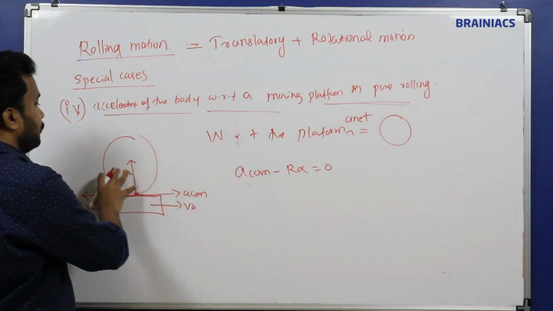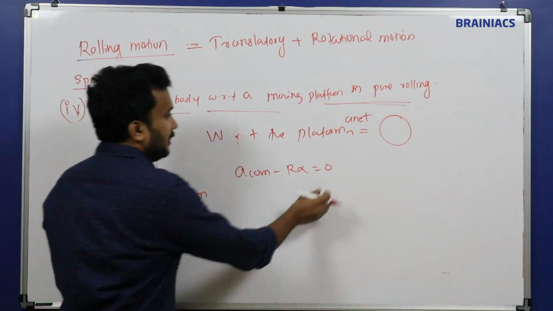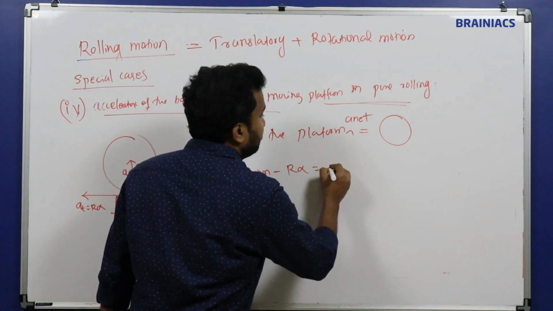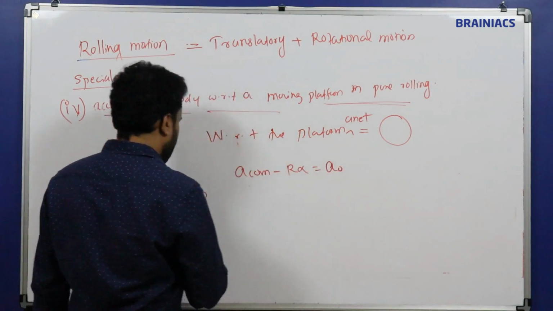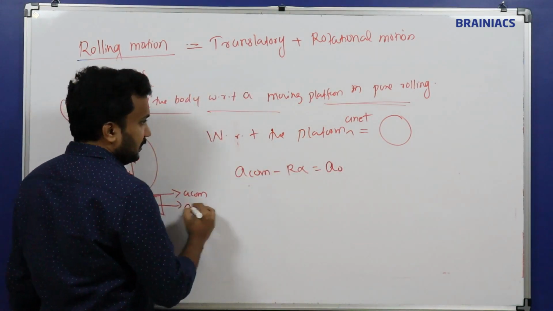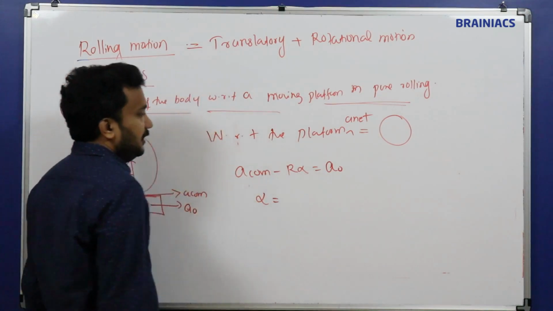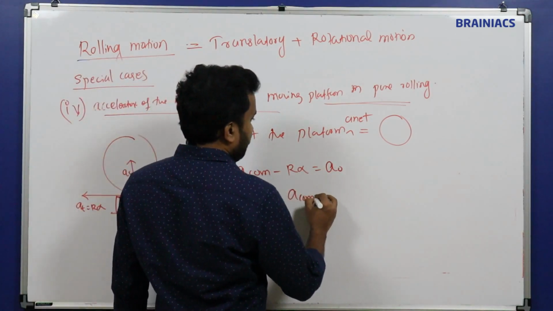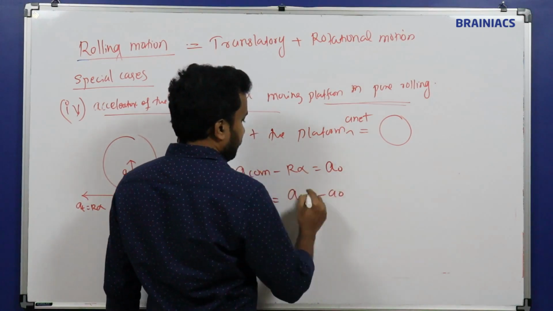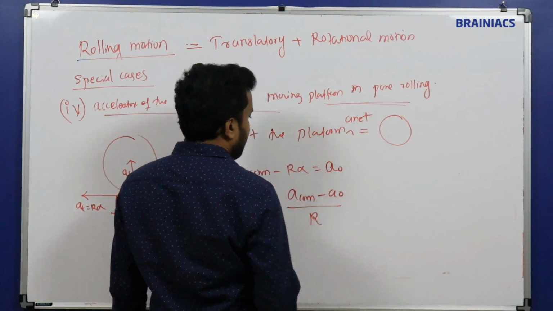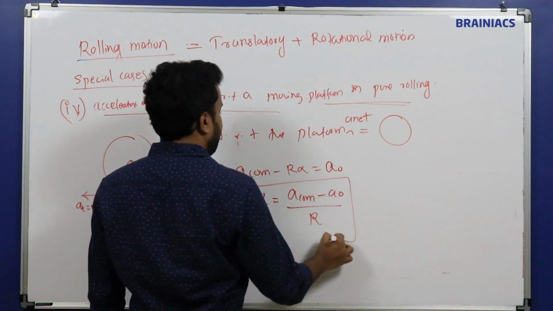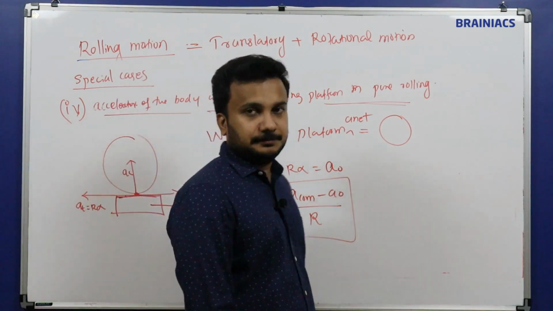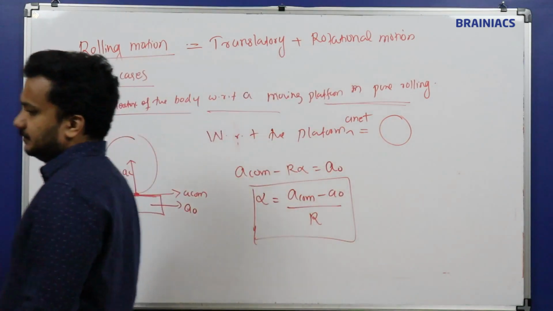So the total acceleration of the body is this one, and this is equated with the platform acceleration a naught. So alpha will be equal to (acom minus a naught) divided by R, and this is the value of alpha. Simple once you learn about this.